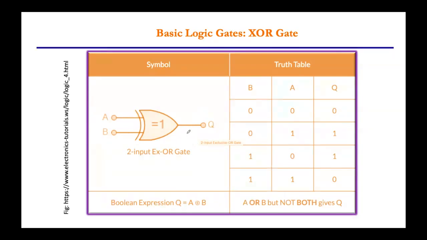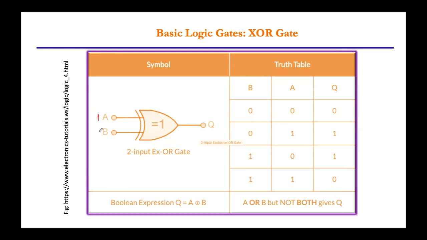Here you can see if A is 0 and B is 0, then the result is 0. If A is 1, B is 0, then the result will be 1. If A is 0 and B is 1, the result will be 1.